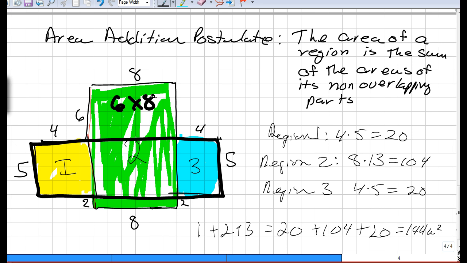And this would have been, so this is 5 this way, and it's 4, 8, and 4, so that's 16. So this one would have been a 5 by 16. And then this one would have been a 2 by 8. And it should add up to 144. So you can divide them up in different ways, but they cannot be overlapping.